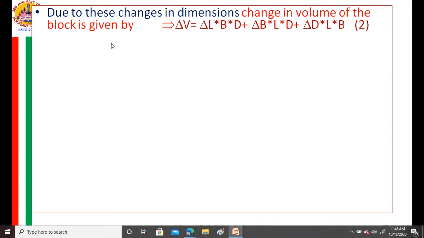Then the change in volume is L into D multiplied by del B. Like that, assuming L and B constant, the change in volume because of change in depth is area LB times change del D, that is del D into LB. Therefore, the total change in volume is given by del V equals del L into BD plus del B into LD plus del D into LB.